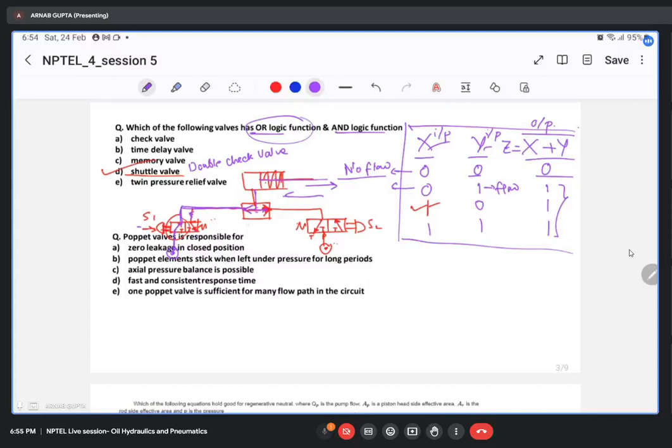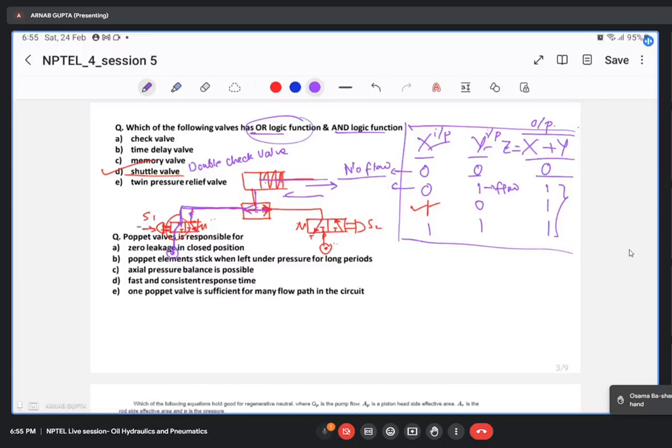In that case also flow will take place, but there can be some conflicts. Although the flow is taking place, not through any pilot, it is not a pilot control valve, still there can be some conflicts. Okay, so this is the OR function.